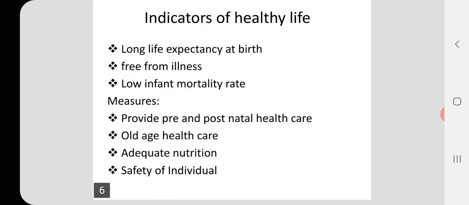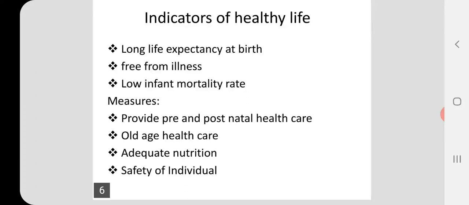The next is freedom from illness. If the people are free from illness, it also indicates the healthy life of that particular state.